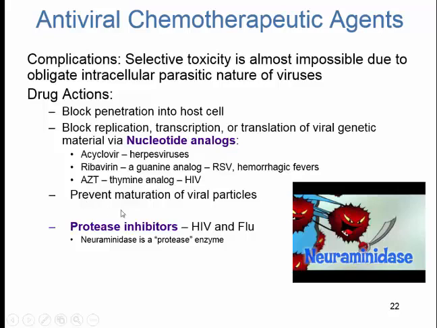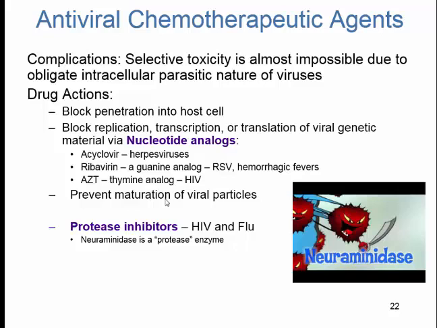Maturation takes place when you're moving through the assembly step, and then, of course, the budding off or exit or lysis on that cell wall. And so being able to block the maturation, you've sacrificed that one cell, but ultimately you've saved a whole host of cells within the patient's body by being able to prevent the spread of those viral particles.